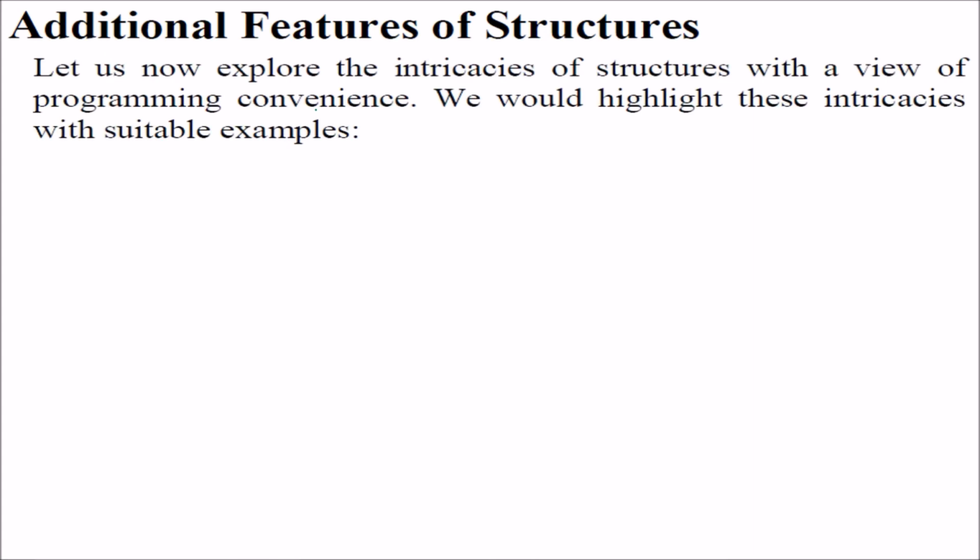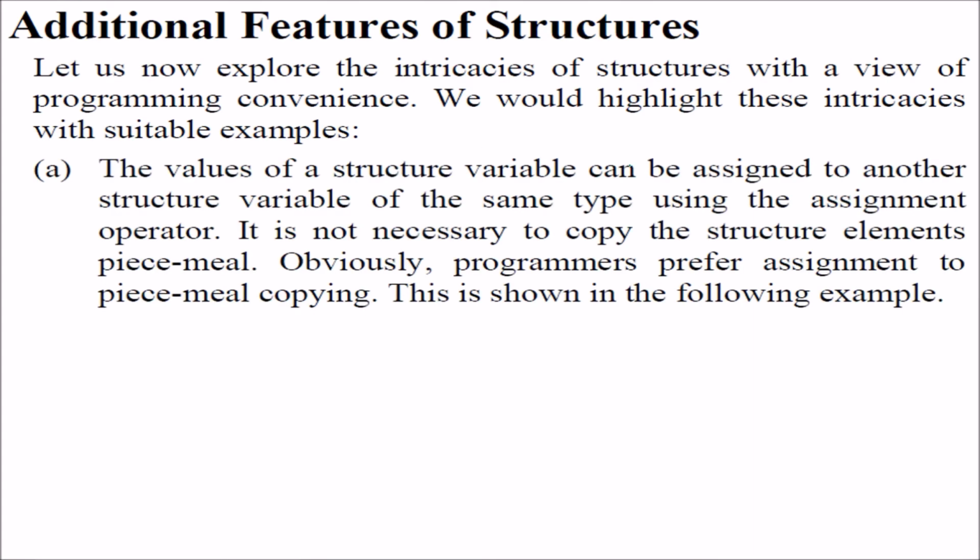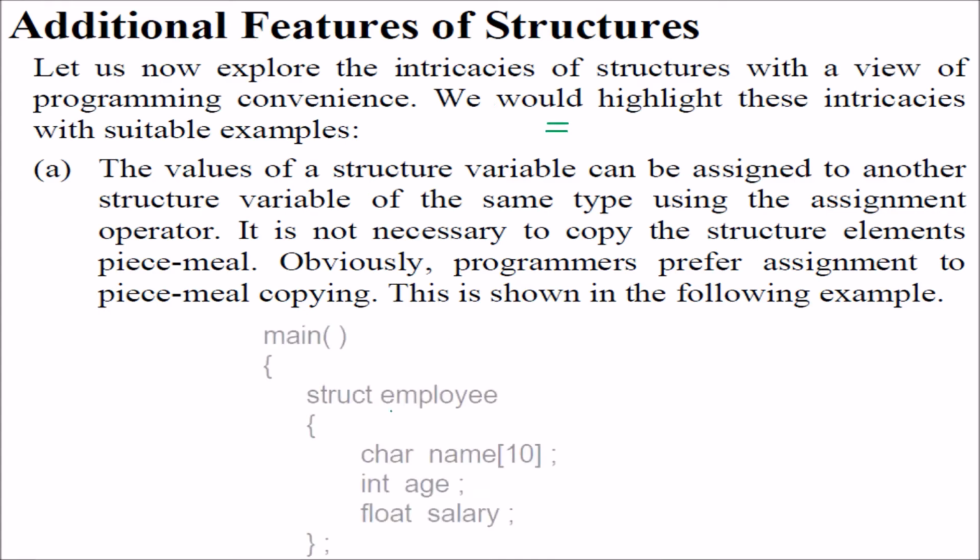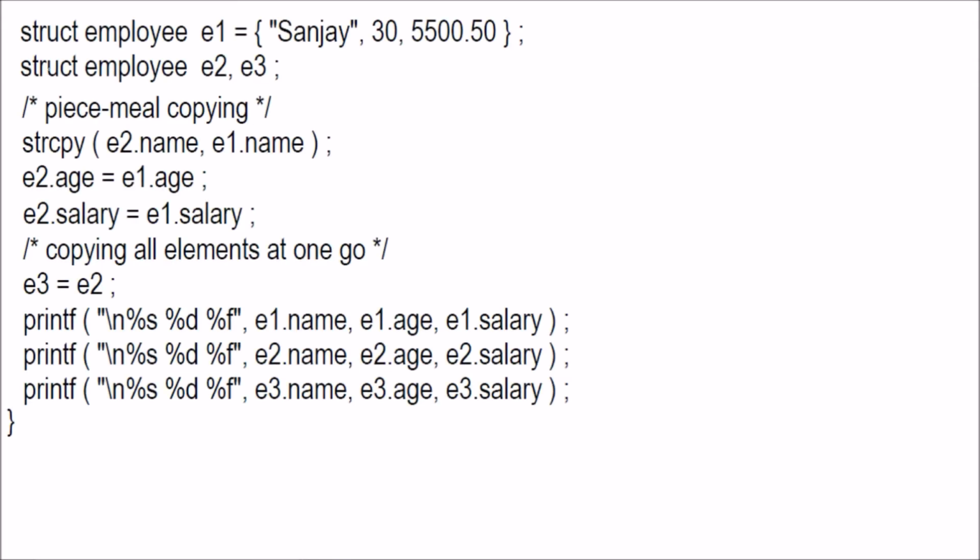There are some other features for structures. The value of a structure variable can be assigned to another structure variable without any problem. You can easily use the equal to sign, or you can assign piecewise, one by one. So we have a structure employee with name, age and salary, and then we have struct employee E1, which we have initialized with the name and other content.